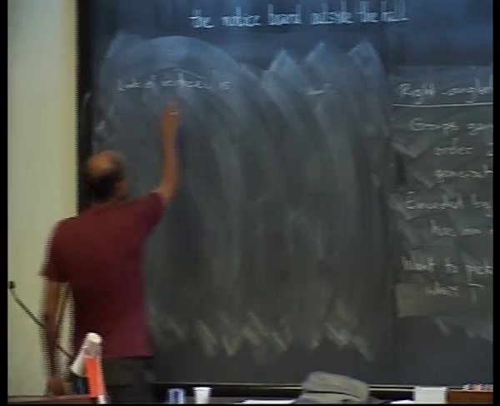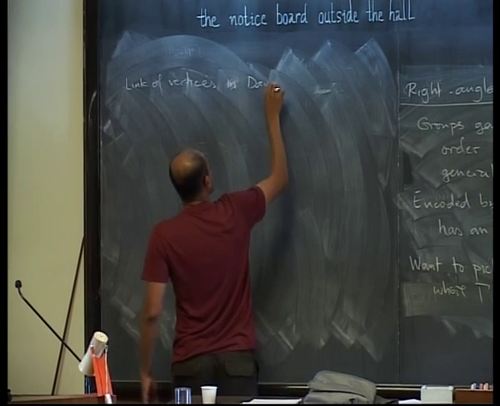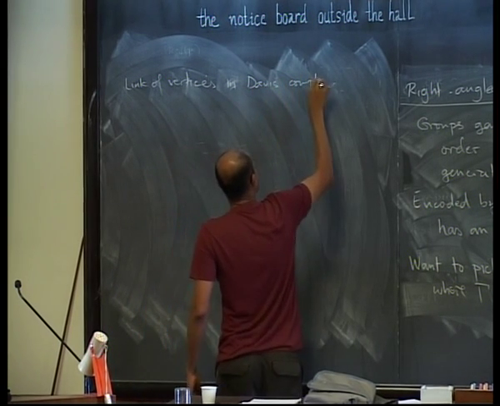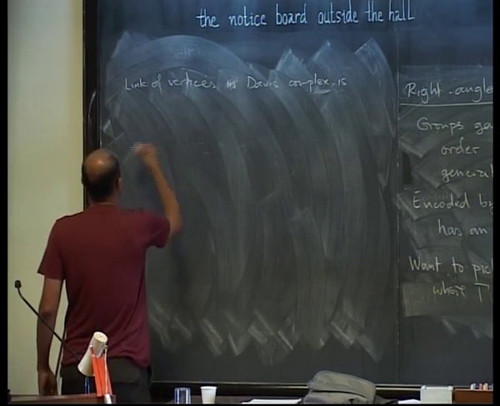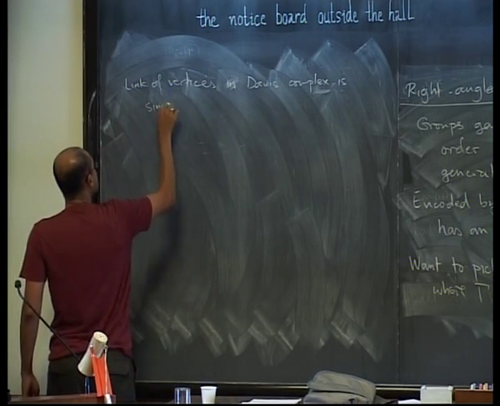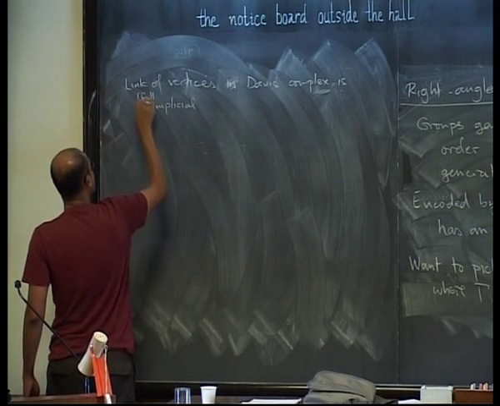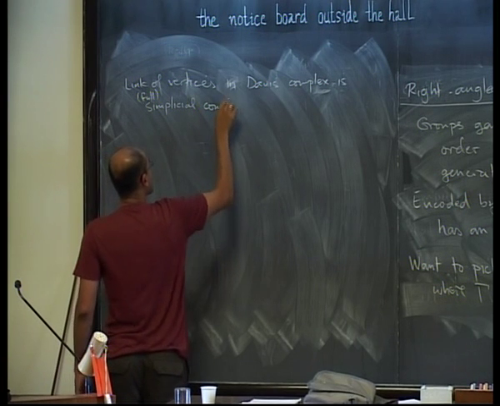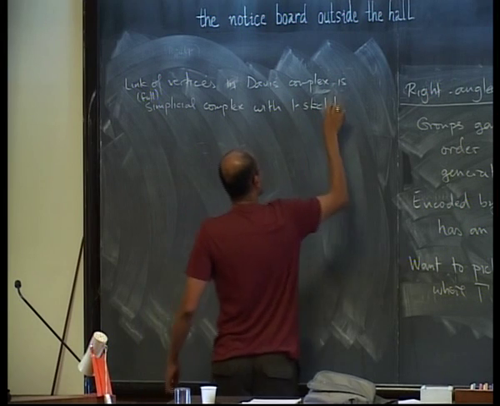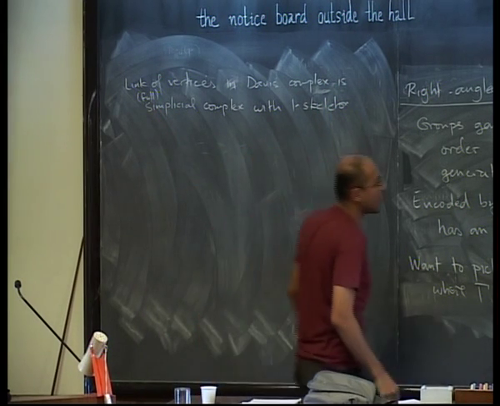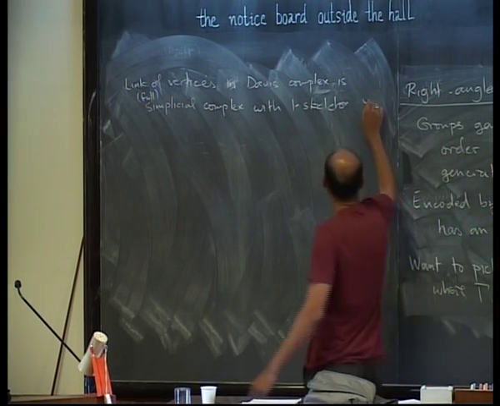And the link of the vertices in the Davis complex is the full simplicial complex with one skeleton, so here full, I mean every simplex that possibly could be in there is in there, with one skeleton given by the graph.